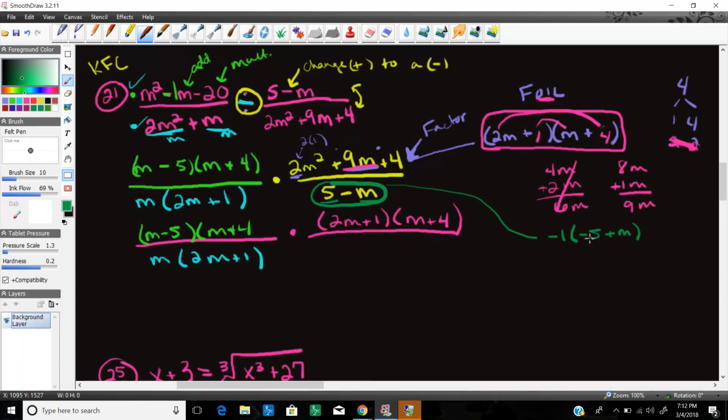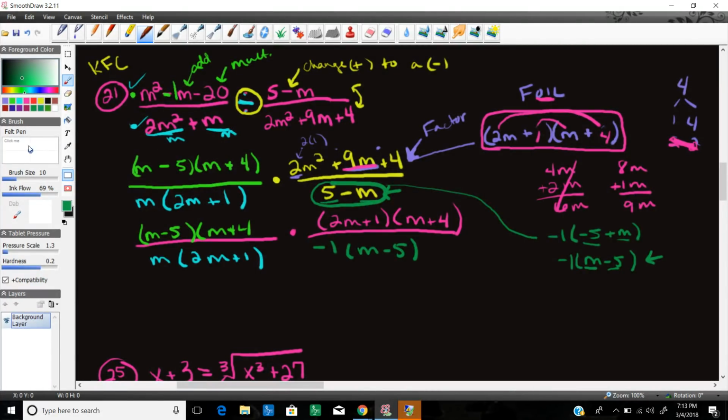But of course, this is the same as m minus 5. Pretty much I'm taking the m and putting it first, and taking negative 5 and putting it second. So this is the same. This right here is the same as negative 1 times m minus 5. So I'm going to replace this one with this right here: negative 1 parentheses m minus 5.